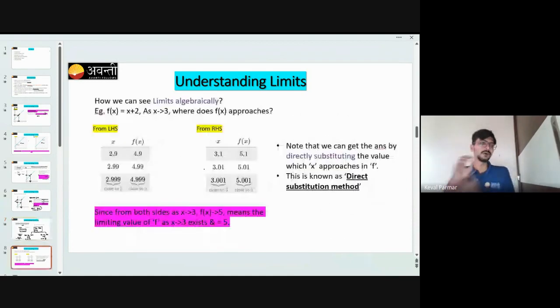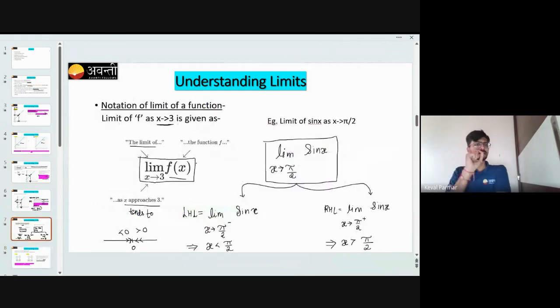So now the main part we've been talking about, as we all know, there will be times where we will not be able to make graphs to understand the limits. Acha, the notation of limit is very simple. See, this is a notation of the limit.